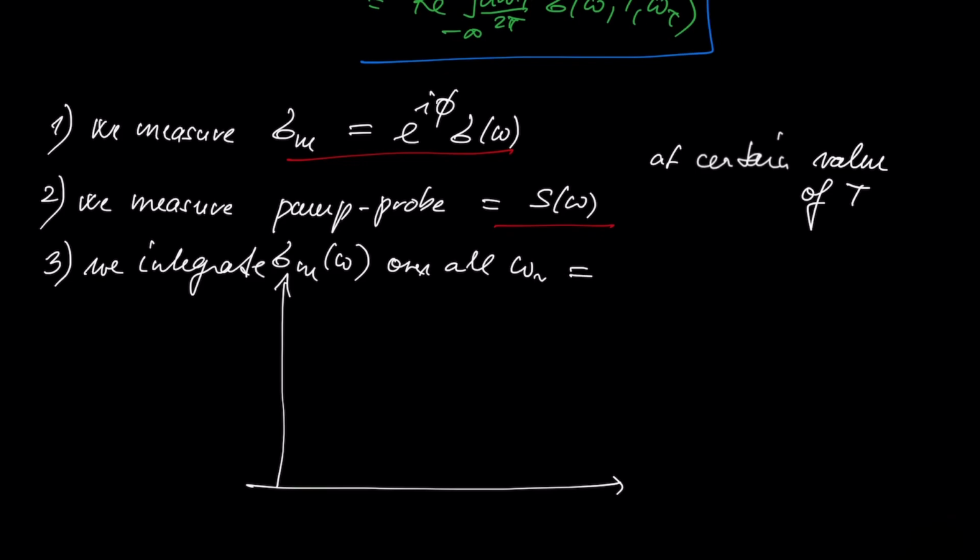So we get one line, one function, which will be some sigma tilde of omega.